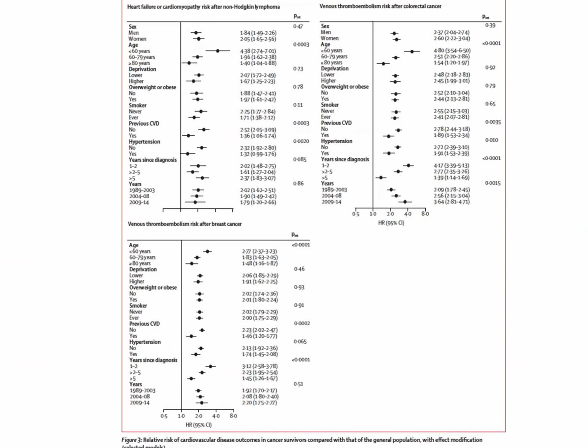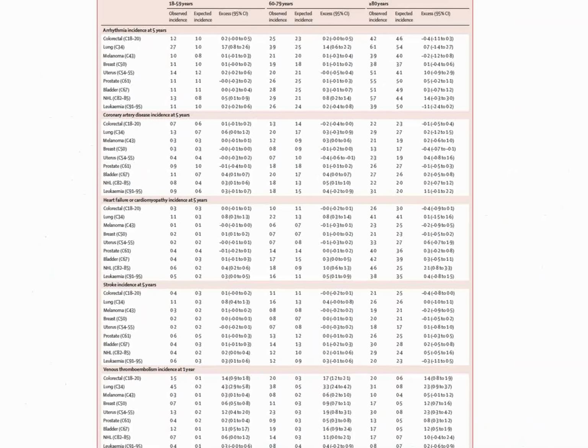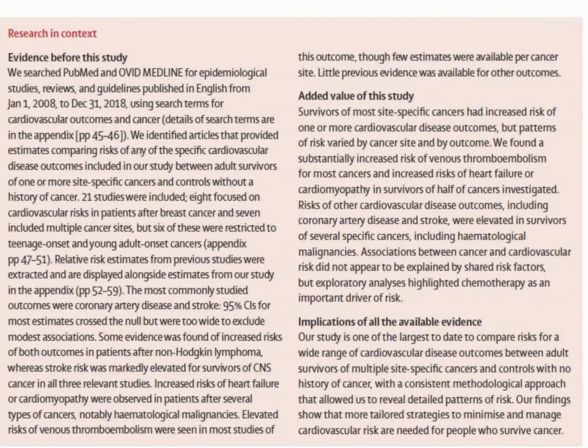But here, venous thromboembolism, heart failure, cardiomyopathy, and particularly here, breast cancer, we might imagine that these risk factors are greater and that clinicians should look out for these as graphically illustrated here. Here's a lengthy table on these various things.